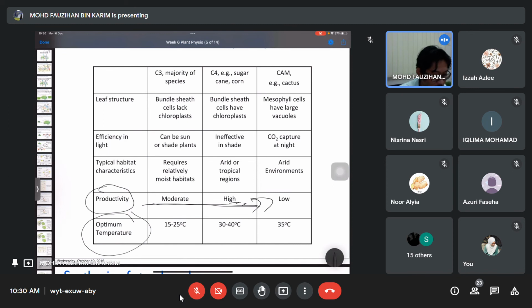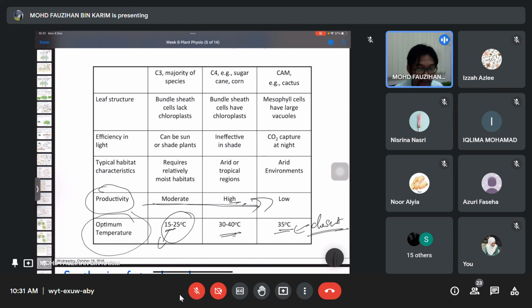The optimum temperature here, 30 to 40, 35 normally, desert of course, high temperature, right? See here, 15 degrees we consider low temperature.